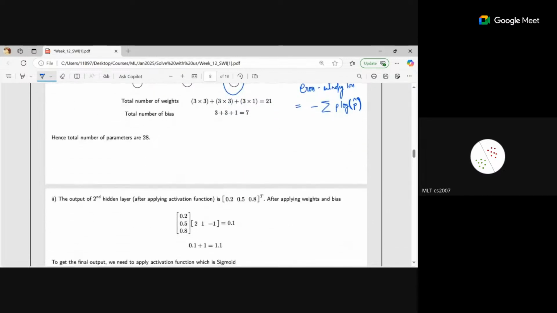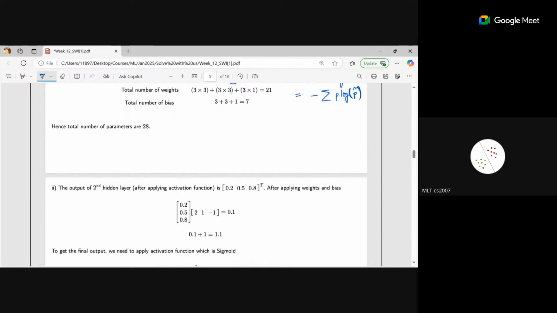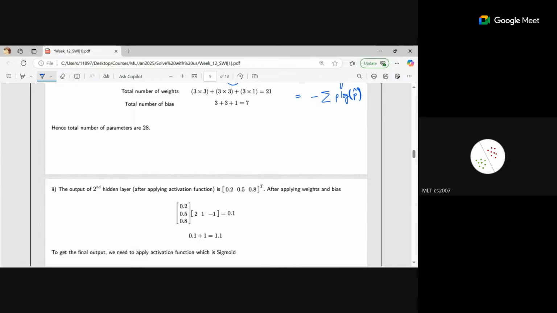So once we apply this weight vector, for the final output W out, we take whatever you got after applying the activation function, times the weights.